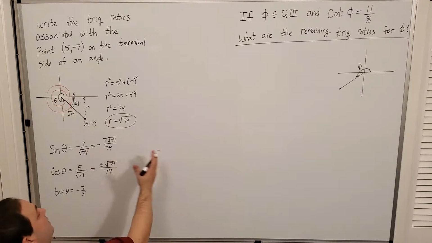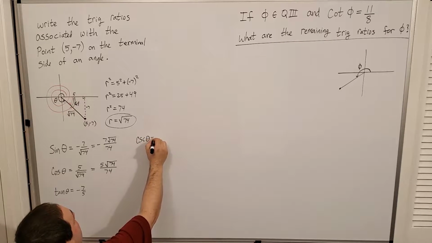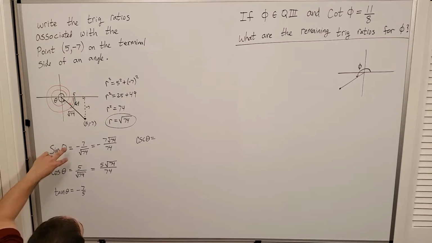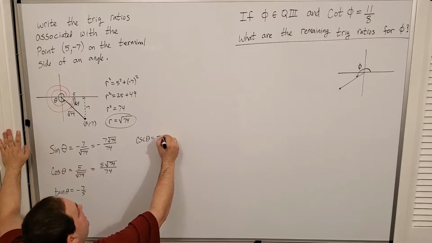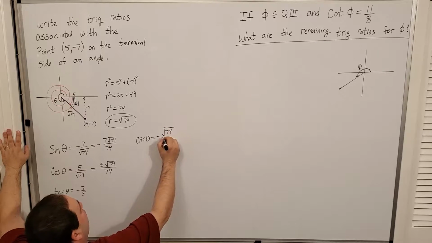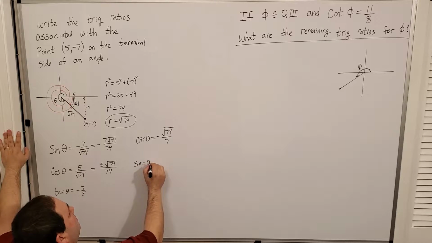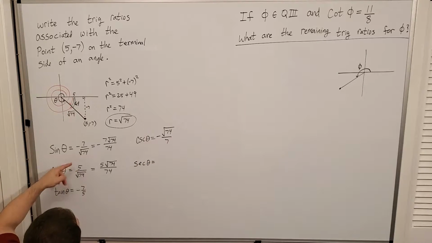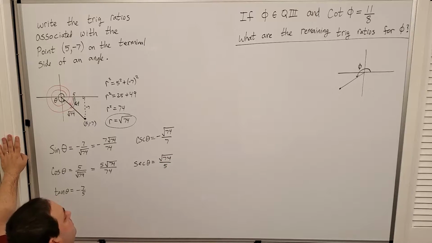Okay, so let's do the last three, right? The cosecant of theta is the reciprocal of sine. So I'm just going to flip this guy right here. And that's going to give me negative square root of 74 over 7. Secant of theta, reciprocal here. So square root of 74 over 5.